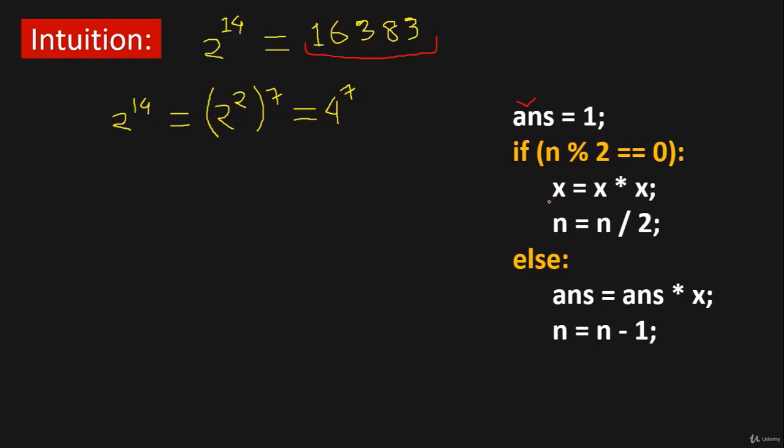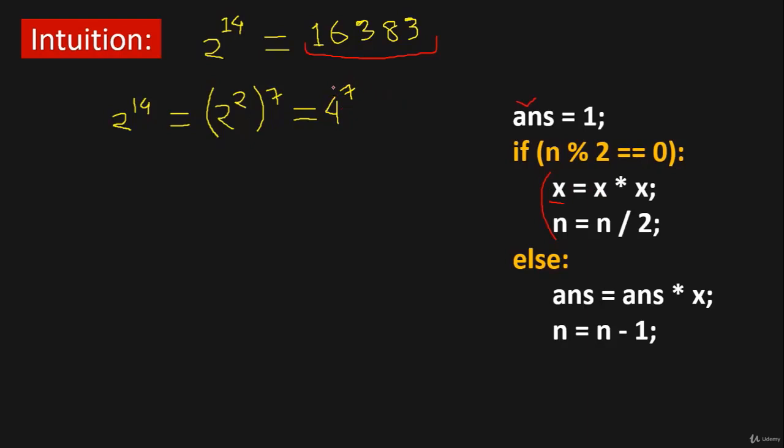Here we have multiplied x with x, so 2 with 2. Then we're going to divide 14 by 2. So now we have 4 to the power 7. Since 14 is divisible by 2, we apply this formula. Okay, then we found 4 to the power 7.